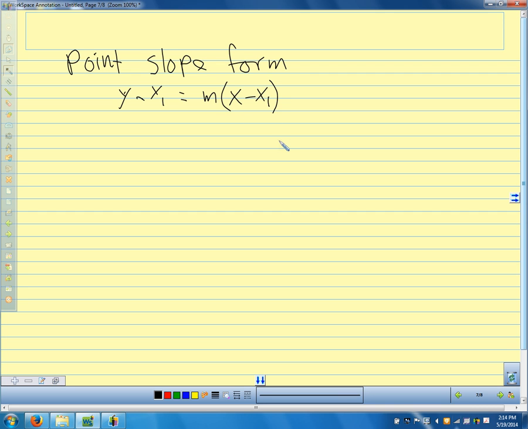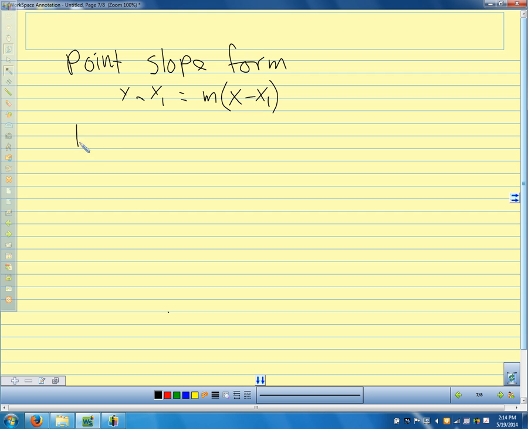So there's a problem or two in your homework that will say find the equation of the tangent line at a particular point. Well, your point is x1, y1. The derivative, that limit, gives you the slope, so you can find the equation of the tangent line.